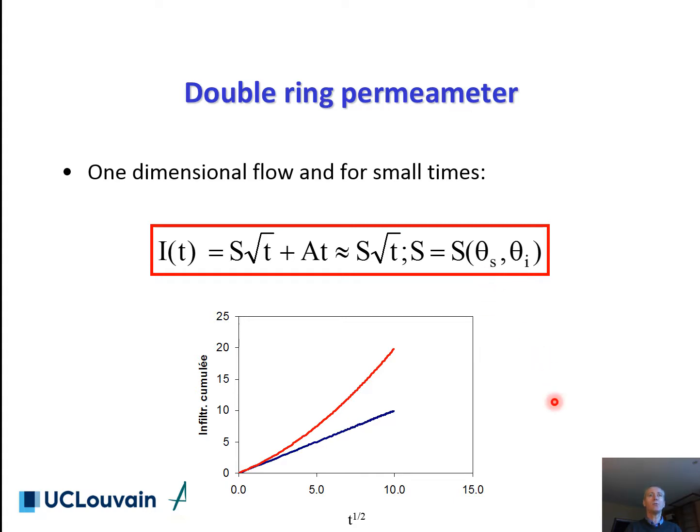In many hydrological textbooks, it is suggested to use the steady-state infiltration rate measured with the double ring experiment as a proxy of the saturated hydraulic conductivity of the soil. From previous podcasts, we know that this will induce some error, as the long-term infiltration rate in the Philip model will be smaller than Ks.